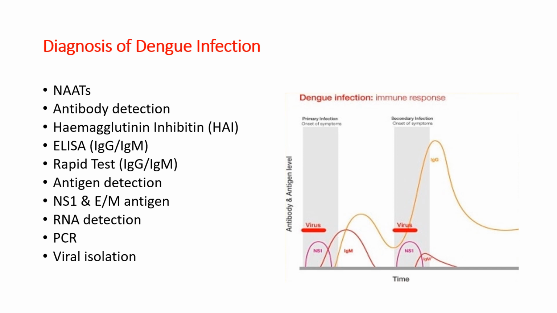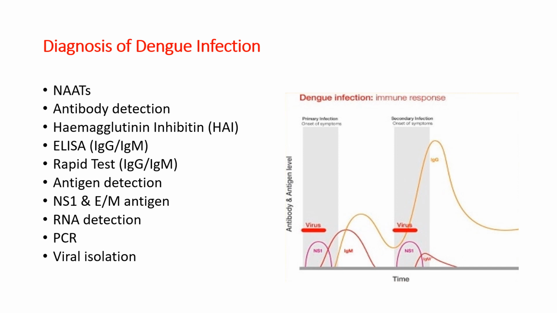Then there is the antigen detection. The major antigens that are usually used for dengue diagnosis are the NS1 and the EM antigen. The NS1 antigens are the non-structural proteins of the dengue virus. This protein is secreted into the blood during the dengue infection, and NS1 tests have been developed for use in serum, and these antigens are detectable during the acute phase of dengue virus infection.